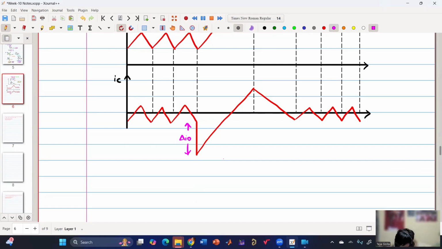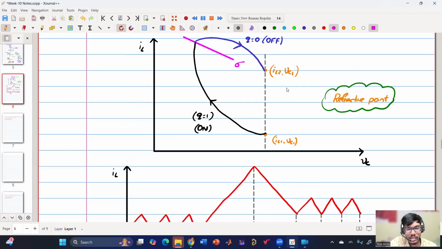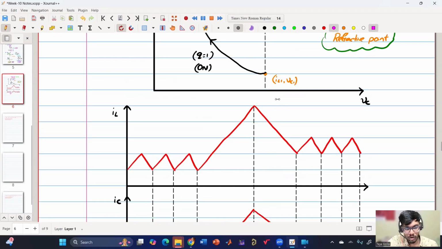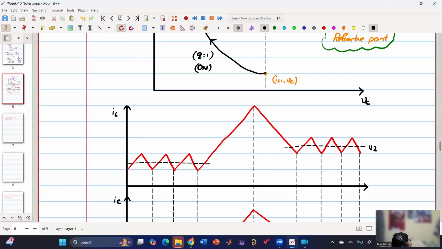Again, delta I naught is nothing but IL2 minus IL1. So I am calling this average IL1. This average is IL2. And then the change is delta I naught.